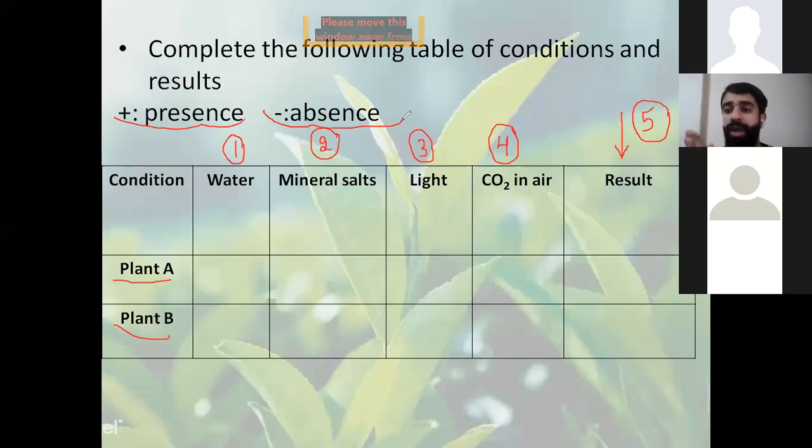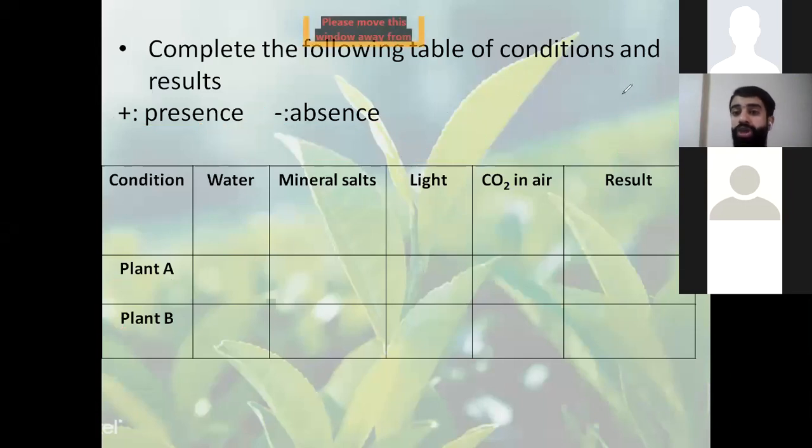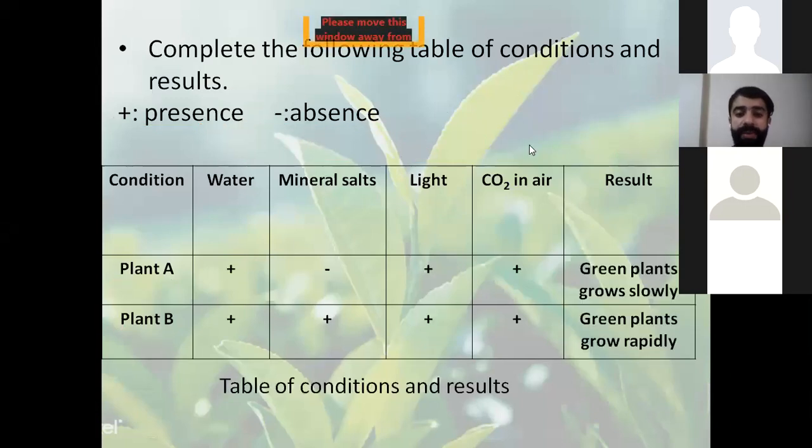So from now on, you have to know how to draw the table of conditions using a pencil and a ruler. And don't forget to give it a title. So here we have to fill the table. Both plants, plant A and plant B, contain water. Both plants have light.